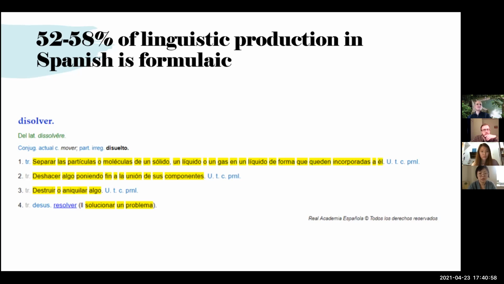So disolver could be to dissolve or could be to break up, and it has different meanings. And the 52 to 58% of our language, or Spanish, which is my first language, is based on these chunks. In English, I could think of an example, the difference between give someone a pen and give someone a break.